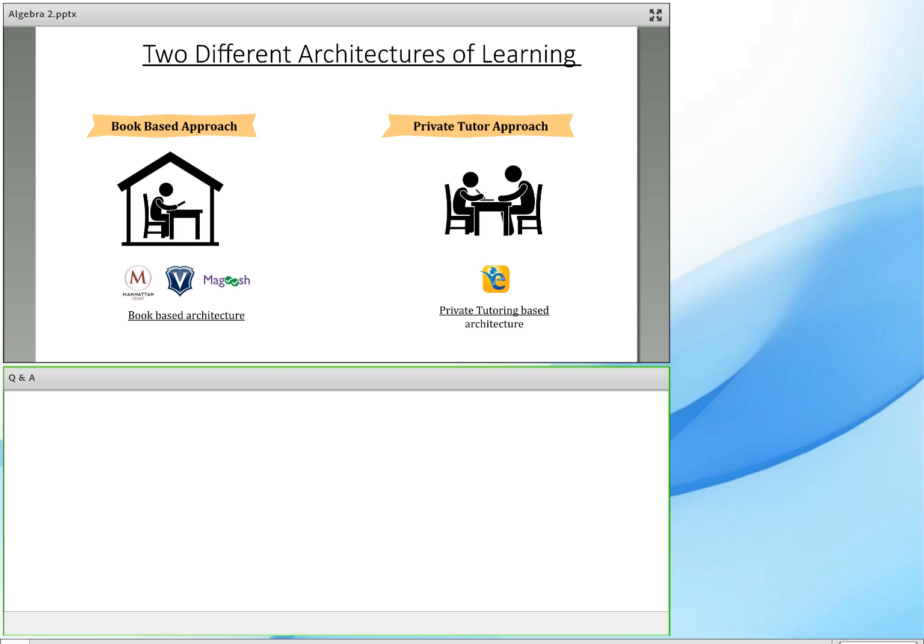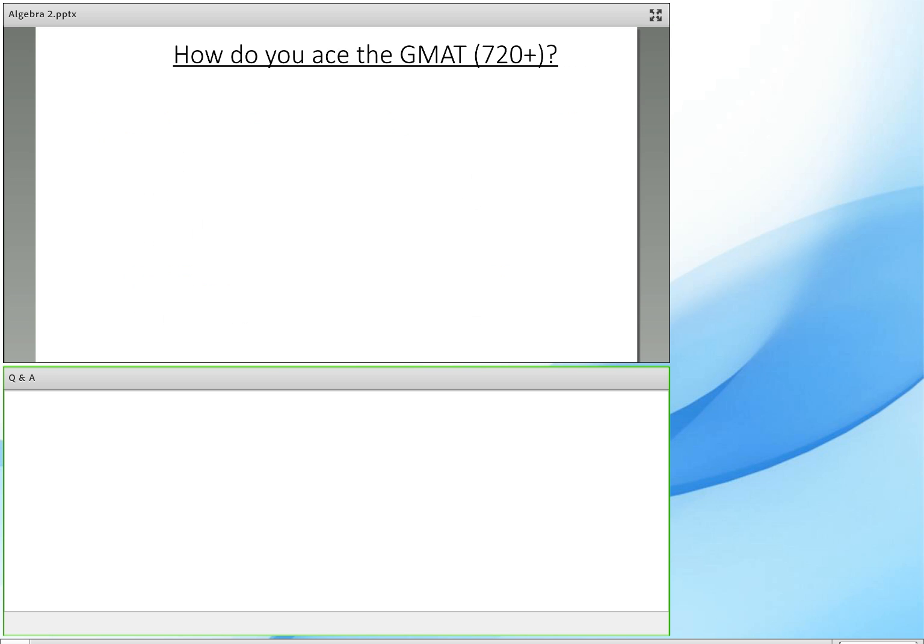So let's see why one architecture is more effective than the other in helping you get to that high score of 720 or 740 or 760. If you want to get to a score of 720 or higher, the first thing you need to do is create a study plan that's personalized to your strengths and weaknesses. Then you need to learn all the concepts that you don't know about.